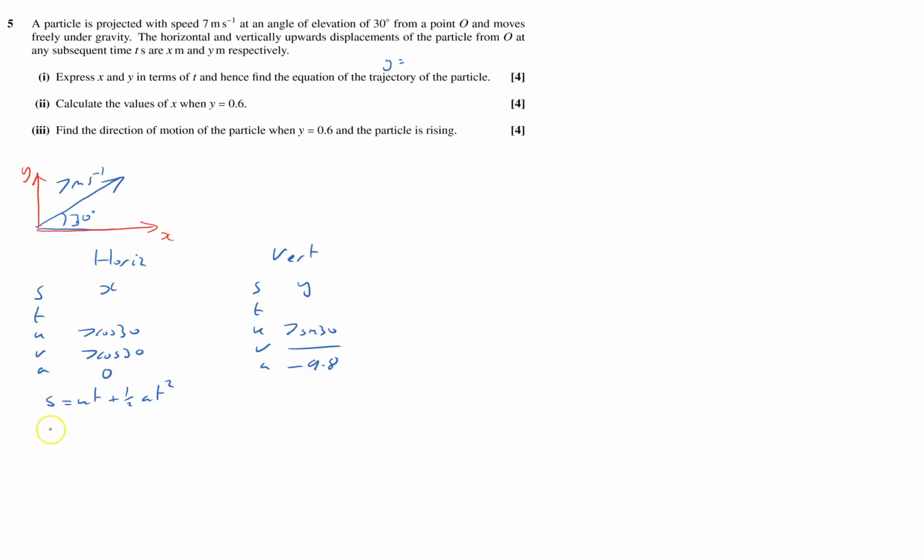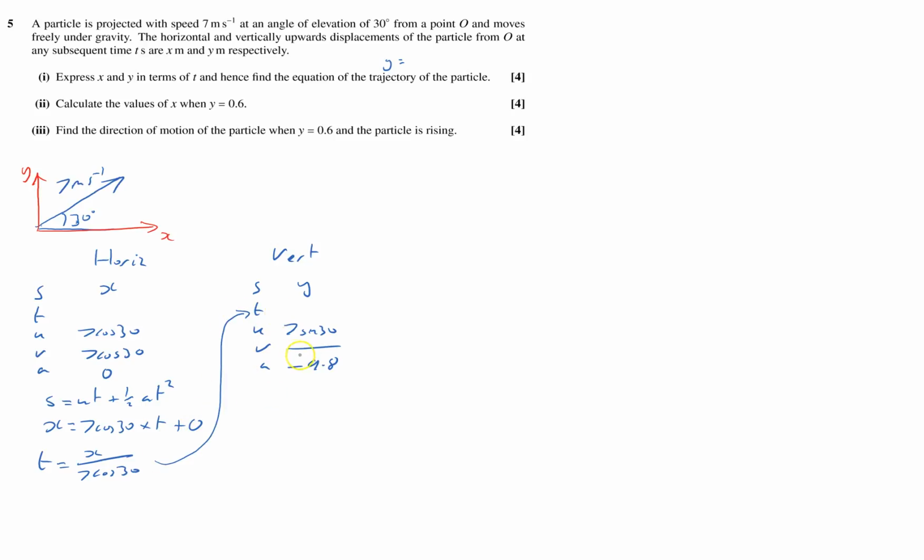And that will say that s, which is x, equals 7 cos 30 times t plus half of a, well, a is 0, so that'll be 0. And so that tells me that t equals x over 7 cos 30. And that I'm going to substitute up into here.